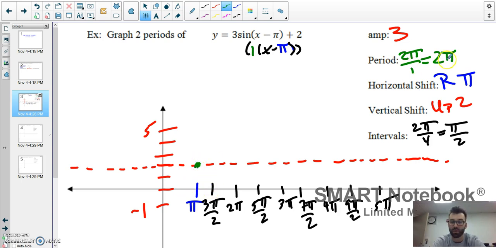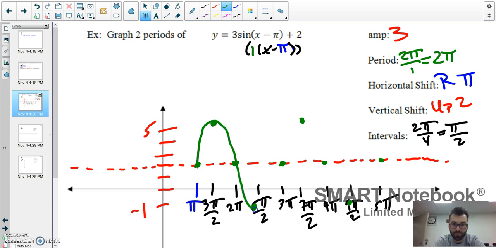And then, what happens? Up to our amplitude. So we go midline to the max, back to the midline, down to our minimum value, back to our midline, up to our maximum value, back to our midline, down to our minimum value, and back to our midline again.